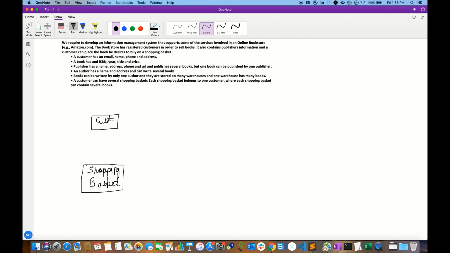Third entity that we were given is a book. The fourth entity, I think this will be the last one: author.